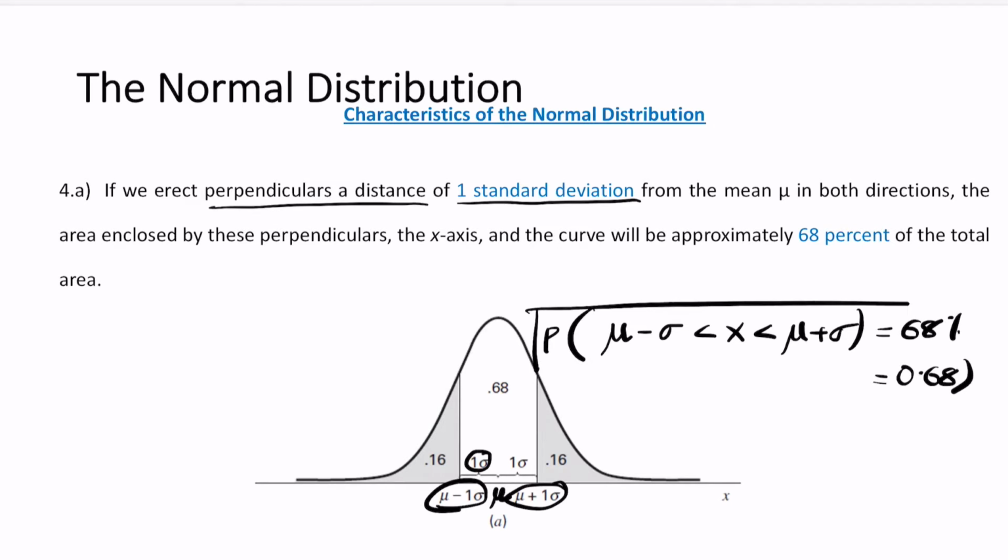This is the property for any value of mu and sigma, provided that they abide by a normal distribution.